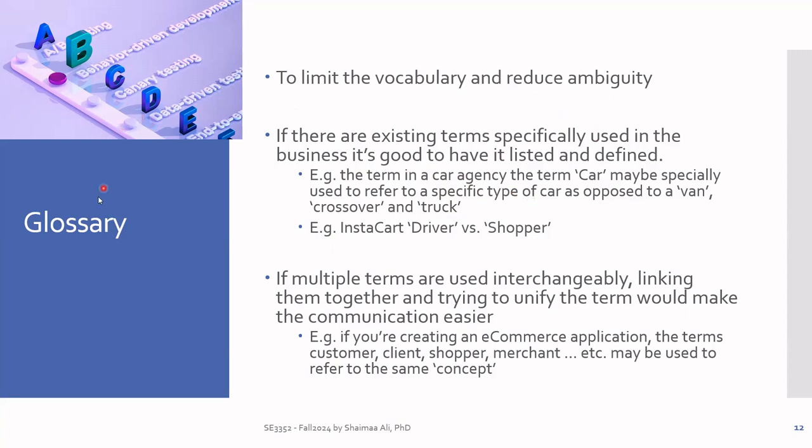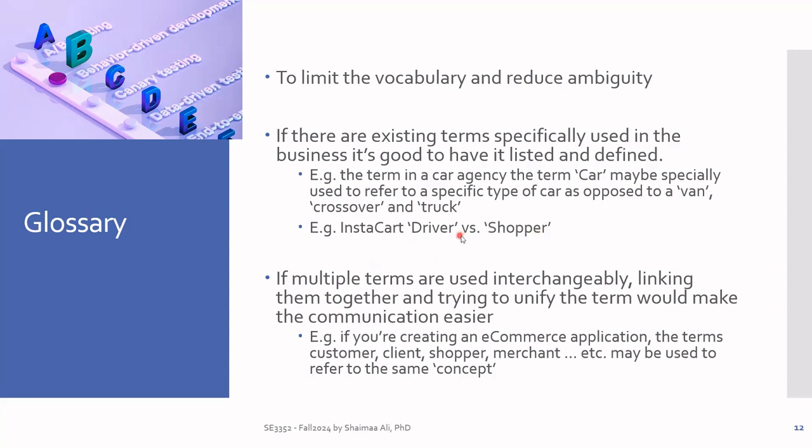Okay, so you have a glossary with particular definitions. So when we say car, we are not using an ambiguous term. We're using a specific term that means this particular definition. If you have something like Instacart or Uber Eats, there is a term driver versus the term shopper.